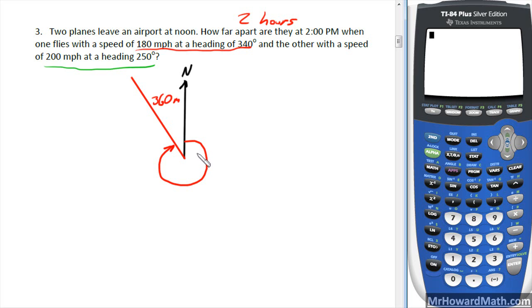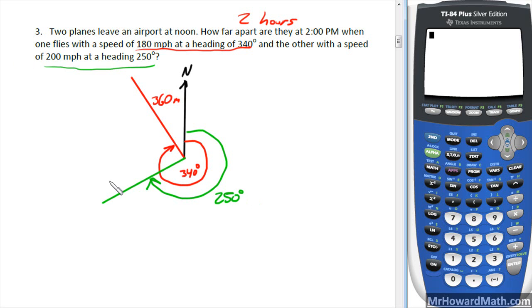Now, for the part in green here, 250 degrees, so 270 would be over here. Well, let's start here. 0, 90, 180, 270, so 250 back this way. So we'll label that one as 250 degrees. Should go back and label the red as 340 degrees.